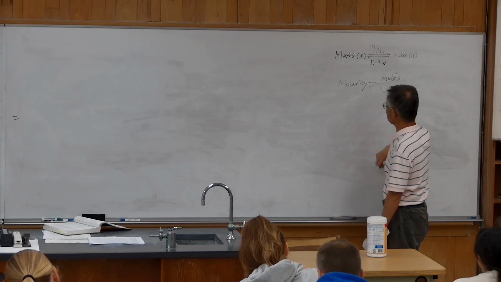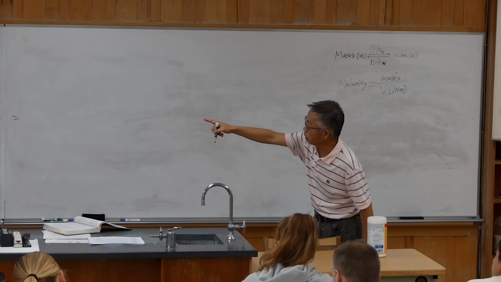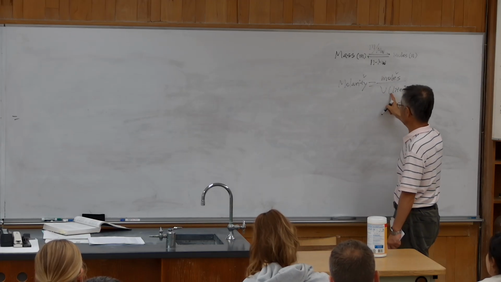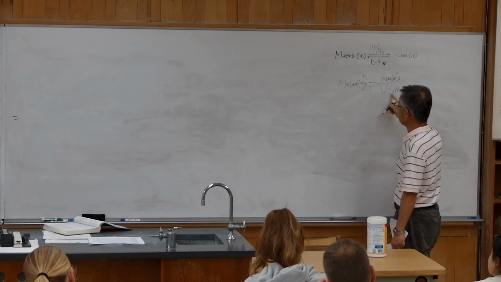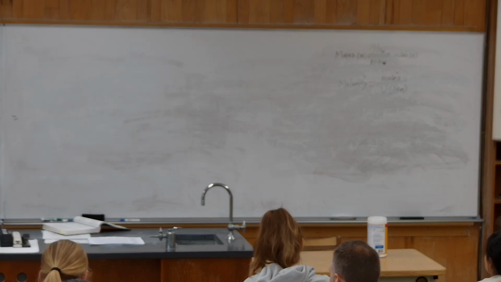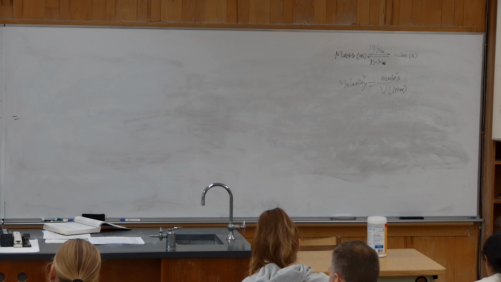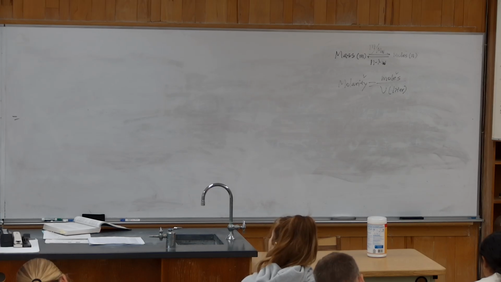If we know moles, do we know molarity? Concentration tells you HCl is 0.5, right? Molarity is a known value. Moles, molarity, how can you calculate volume? Switch these two. Volume should be equal to moles divided by molarity, right? So moles divided by molarity in the denominator. Molarity is 0.5. Mole divided by molarity gives you volume in liter.